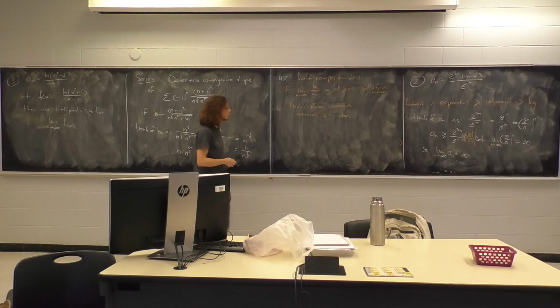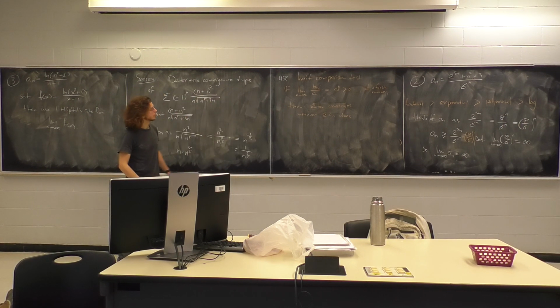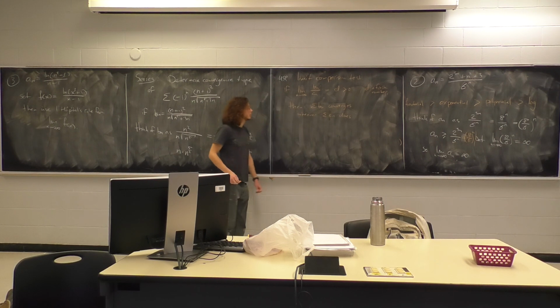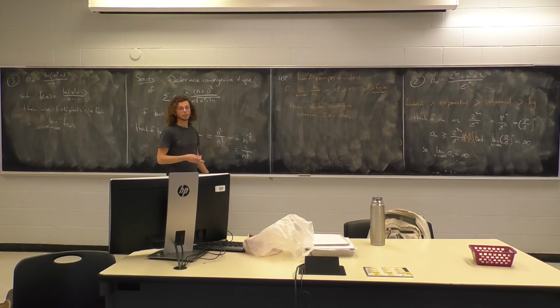So if the sum of Bn converges, so does the sum of Cn. If the sum of Bn diverges, so does the sum of Cn. And this is interchangeable. Do you have a question?